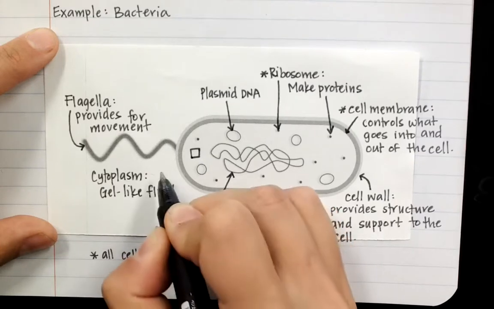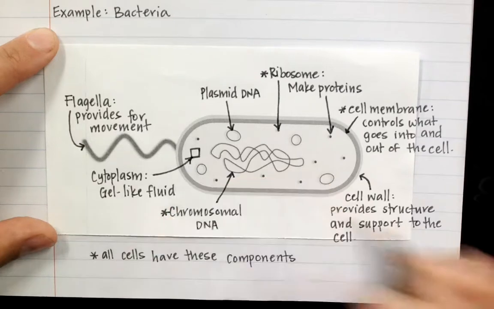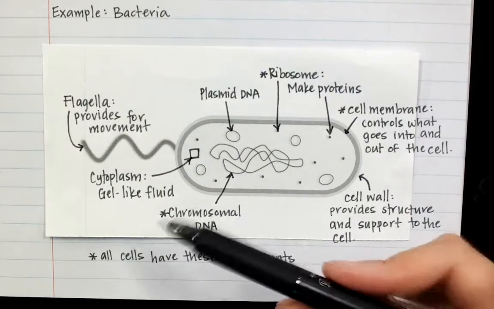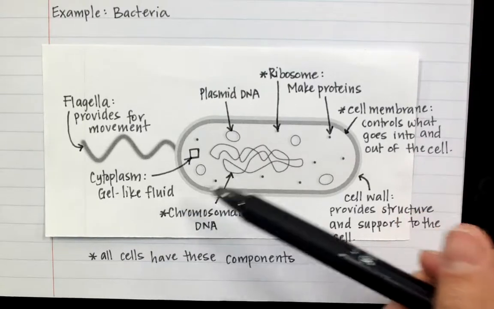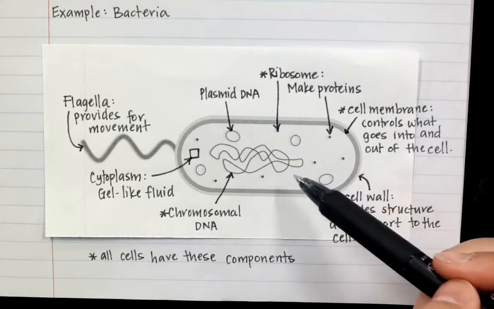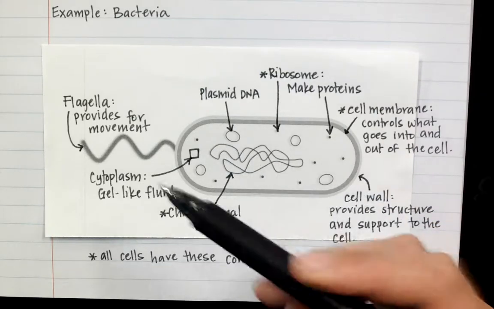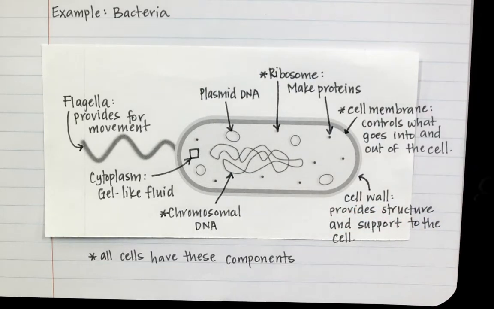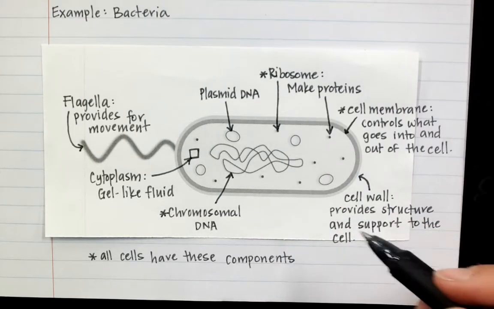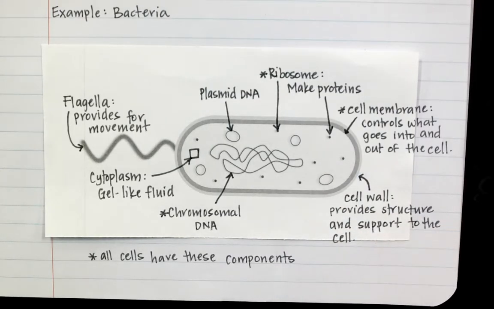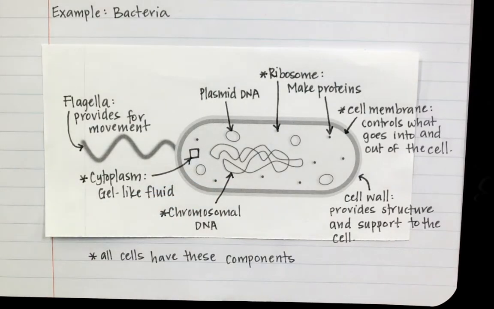So it is mostly water, but it actually is a little bit thicker than water, and it is what everything sort of floats around in the cell. And you don't want everything to just sort of float to one side or float to another side. So it has to be a little bit thicker than water, and that's going to keep everything kind of nicely spaced and floating around inside the cell. And everything has cytoplasm, so we're going to give that a star as well.